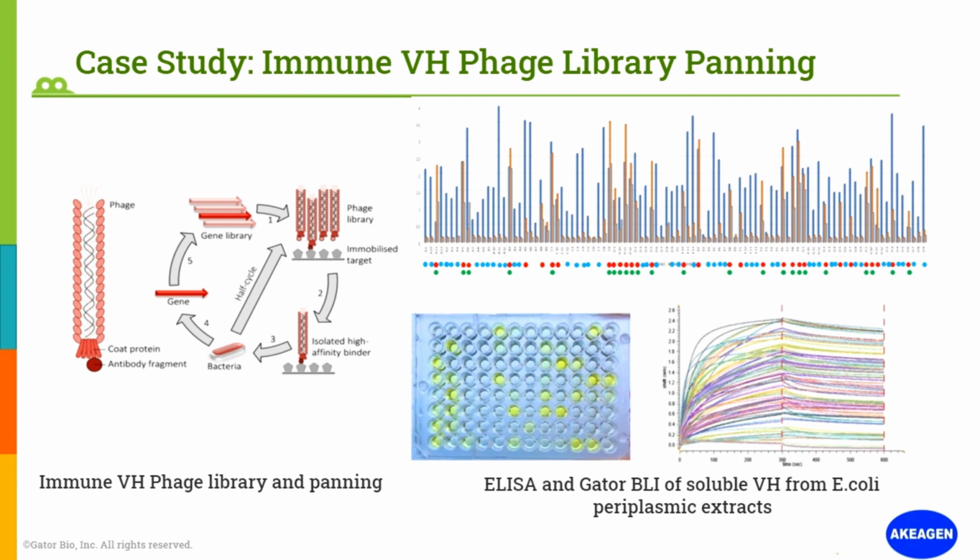And on the right corner, this is Gator BLI data, from one plate, of those single picked VH clones, the periplasmic samples, showing different binding activity. Some are very strong.